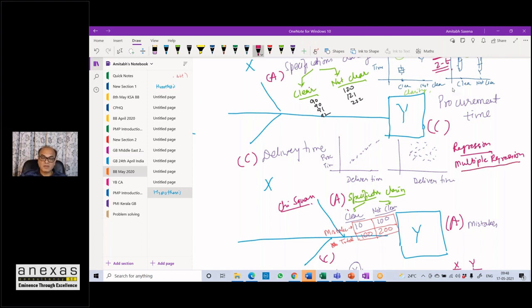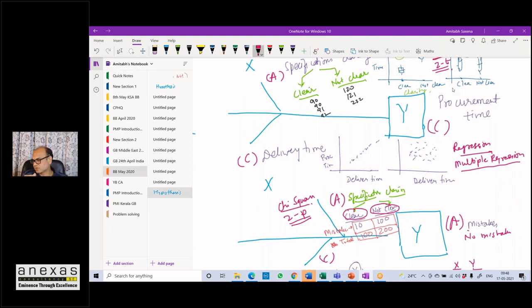If I've got only two proportions, two categories, and here also mistakes or no mistakes, two categories, I can also do two proportion tests, but I can even do chi-square as well. So even if you just learn chi-square, that's enough.